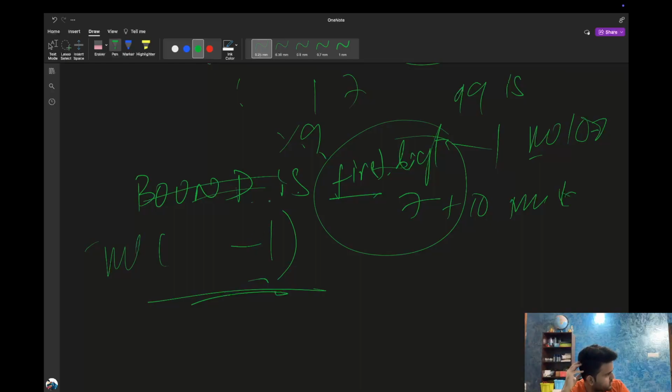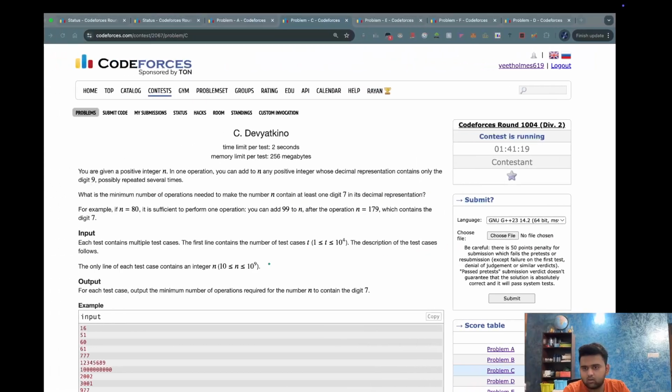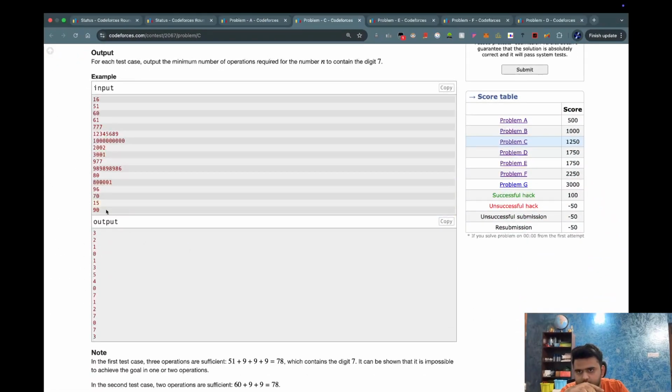So if I do get 7 there, it's just how many minus 1s do I need to do. So how many minus 1s is this? Right. This is just that.